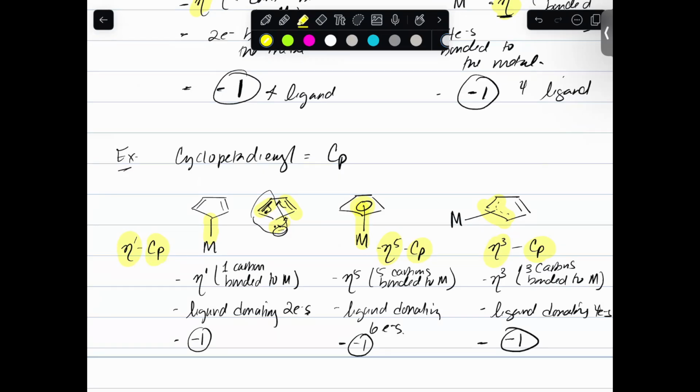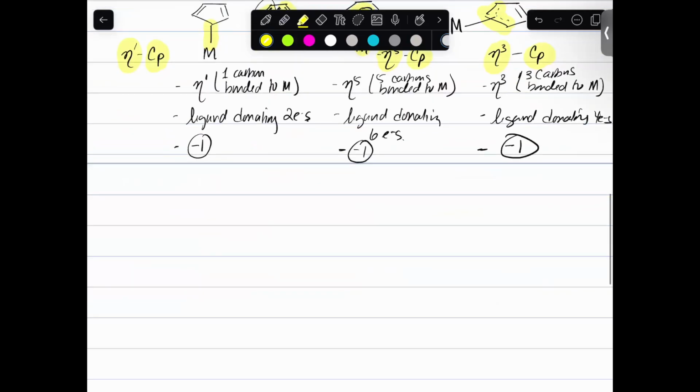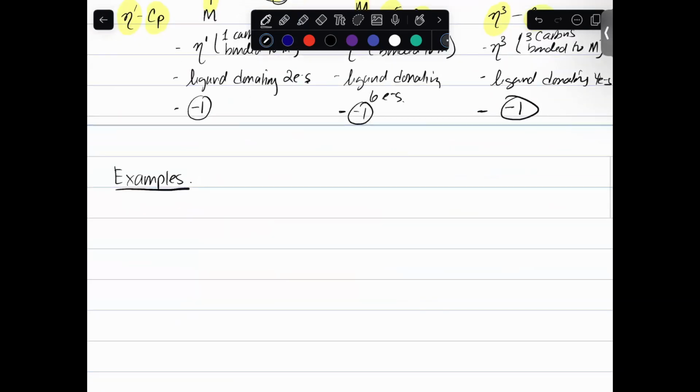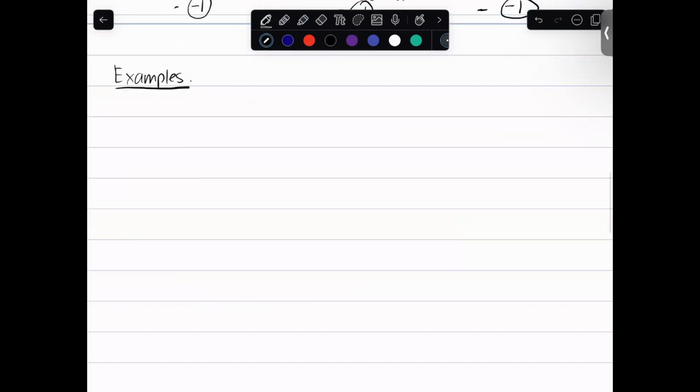Okay? And so I just want to go ahead and finish up a few examples. And we'll do the same thing that we did for lecture number 6, where we talked about the oxidation state of the metal, the number of d electrons, the total count, and whether our complex is saturated or unsaturated. So example number 1.